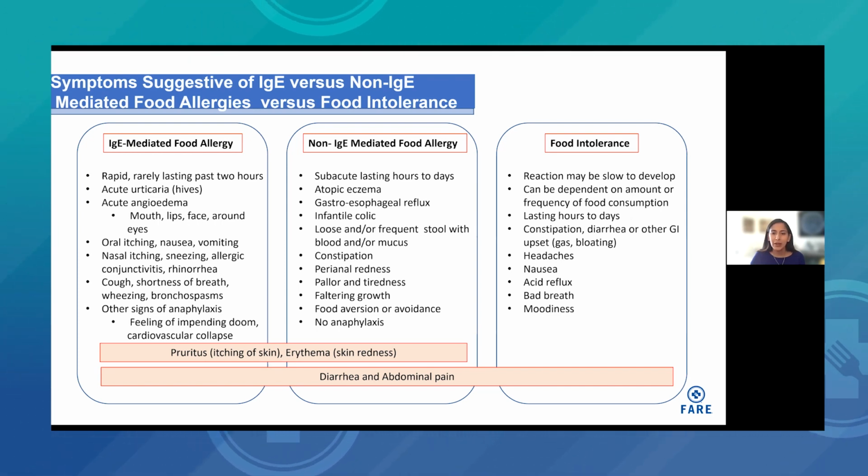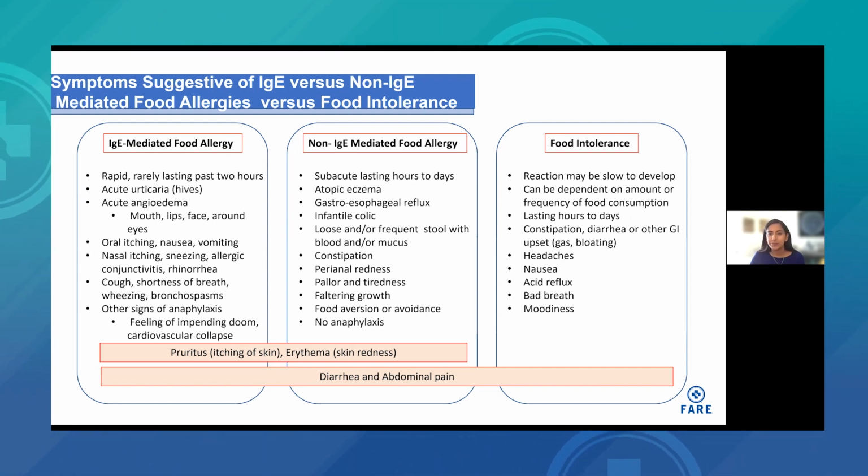As Dr. Amanda Cox has just shown us, there are various types of adverse reactions to food which are categorized, and we differentiate between IgE-mediated food allergy, which involves the body's immune system, from non-IgE-mediated food allergy, which includes a variety of different symptoms from what we may refer to as classic food allergy.